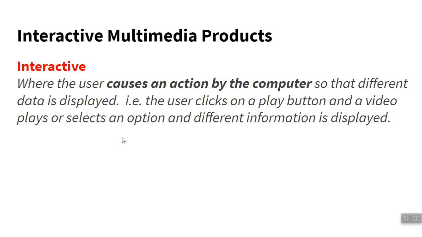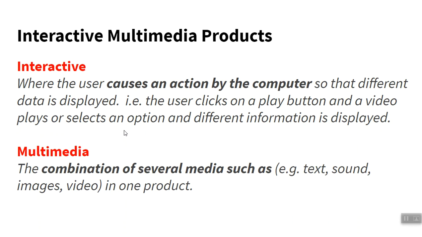With multimedia, we're thinking about when the user clicks on a play button or starts playing a video, hovers over a hyperlink, or clicks a button on a screen or a menu item, and as a result, something happens. So it's not like a passive presentation. As a user, you can interact with it to make something happen.